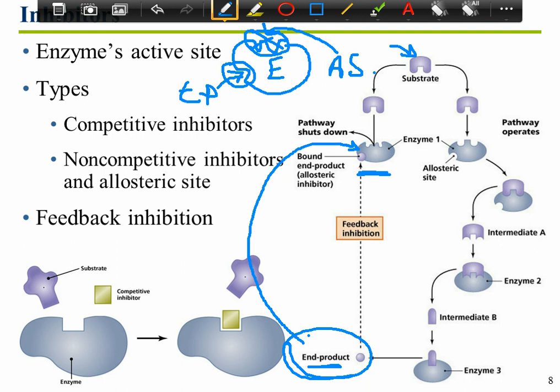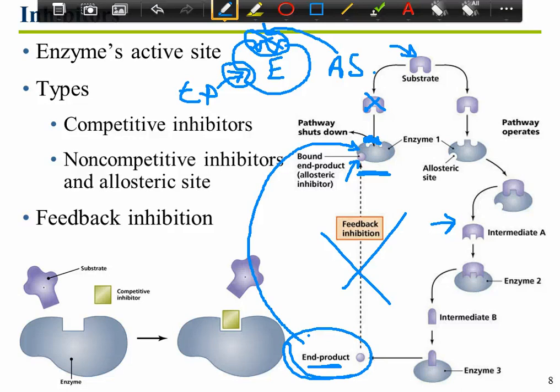So when the enzyme is bound to this end product right there, that closes off the active site, and the active site can in no way react with the substrate, and you don't get any of these reactions that you see on the right. So the end product is changing the shape of the enzyme so the enzyme cannot react with the substrate, bringing the whole metabolic pathway to a halt.